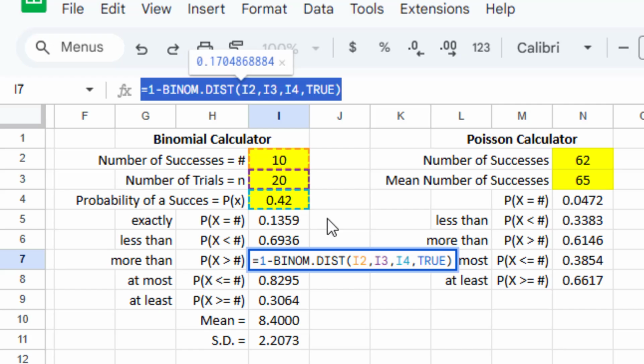We do equals 1 minus the binomial distribution of I2, I3, I4, and true, because that uses 10 for our x value. The binomial distribution using 10 gives us the probability of being 0 through 10, and then when we do equals 1 minus that, it gives us the complement, which is the 11 and above, i.e. the greater than 10 piece, which is what we wanted.